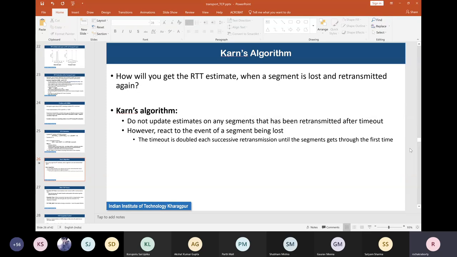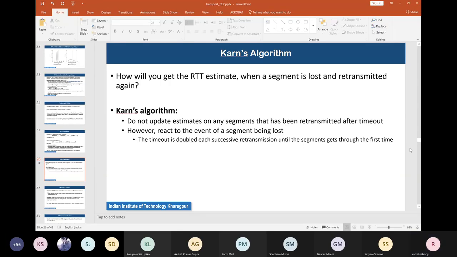Why? The insight is that first of all, you have to understand why that segment was retransmitted. It was retransmitted because currently, maybe temporarily, your network has become slightly congested.